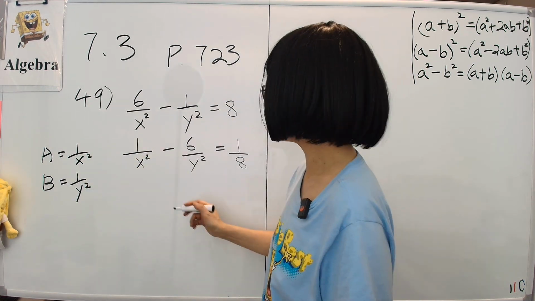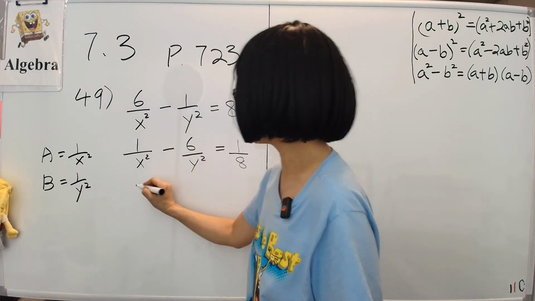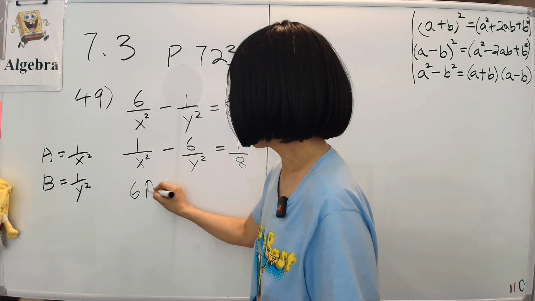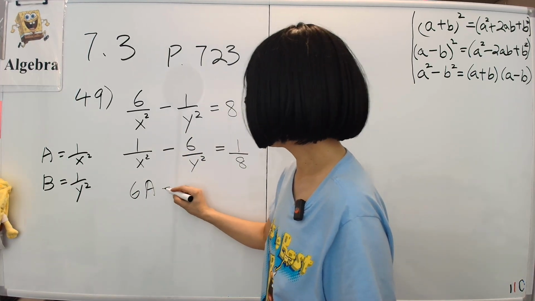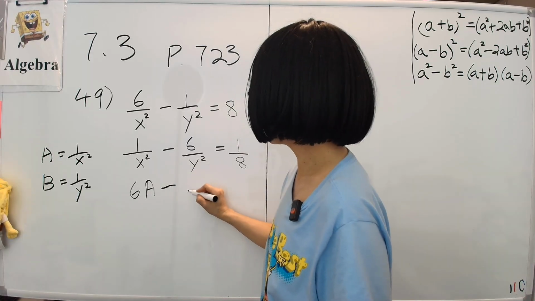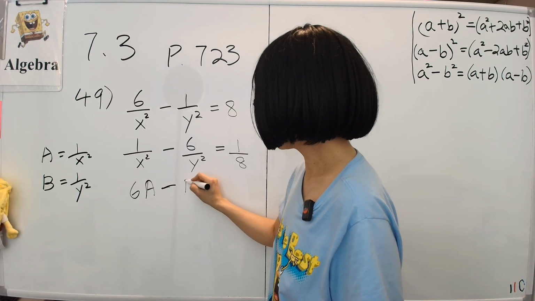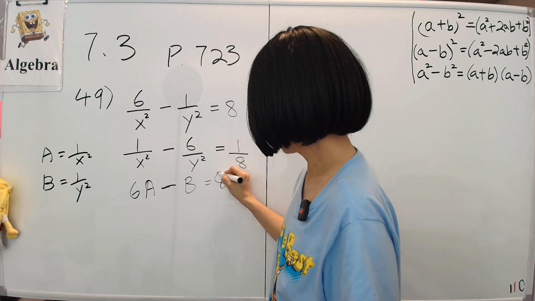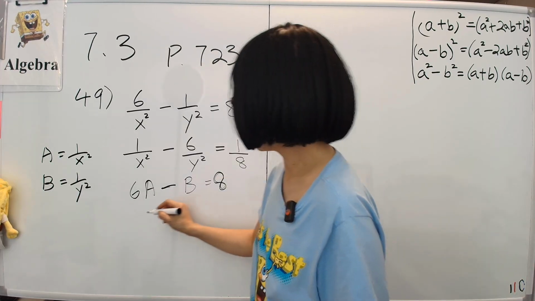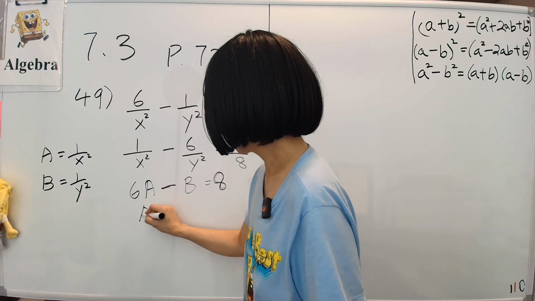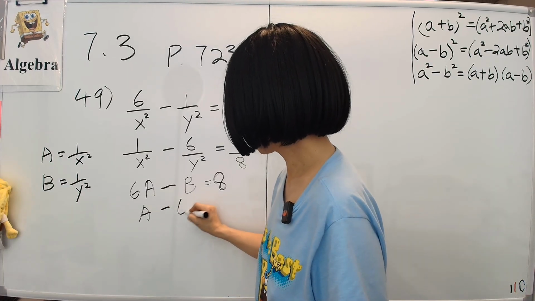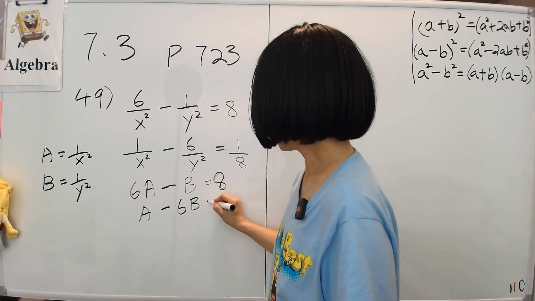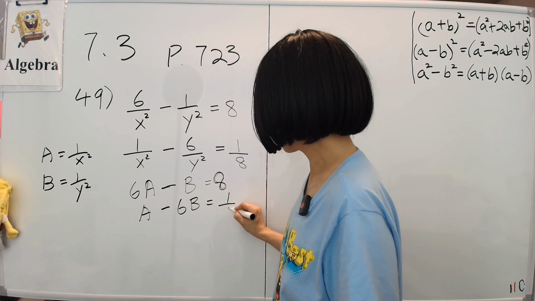So this becomes 6a minus 1b, which is just b, equals 8. And then this is a minus 6b equals 1 over 8.